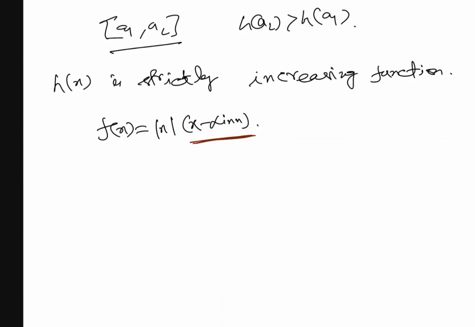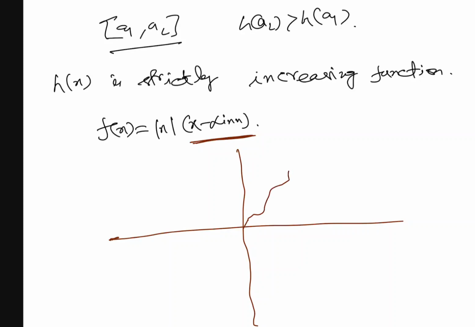So the graph will look like this. As x is positive and the second part is strictly increasing as well as x, the function will look like this, and for the negative part it will be symmetric about the origin, so it will look like this.